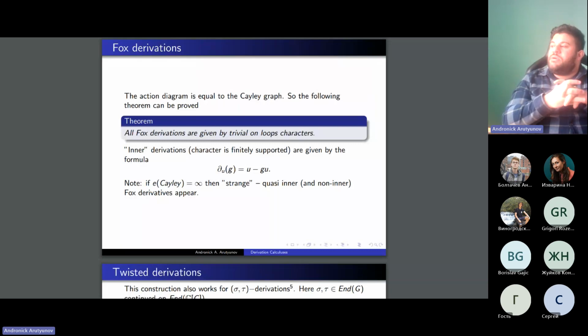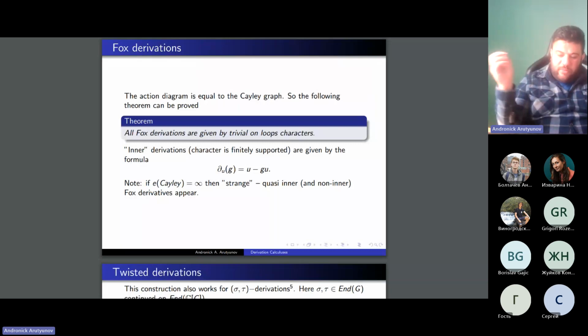It means that your quasi-inner derivation can be written as a formal sum of inner derivations. Formal sum, because this sum is not working in your group algebra.